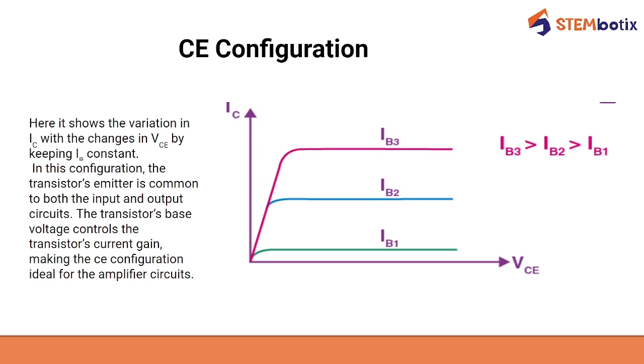Whenever the output voltage is proportional to the input voltage, it is a linear characteristic. In non-linear output characteristics, the transistor's output is not proportional to the input voltage, and hence it is named non-linear. So this common emitter configuration, the CE configuration, is used in amplifier circuits.